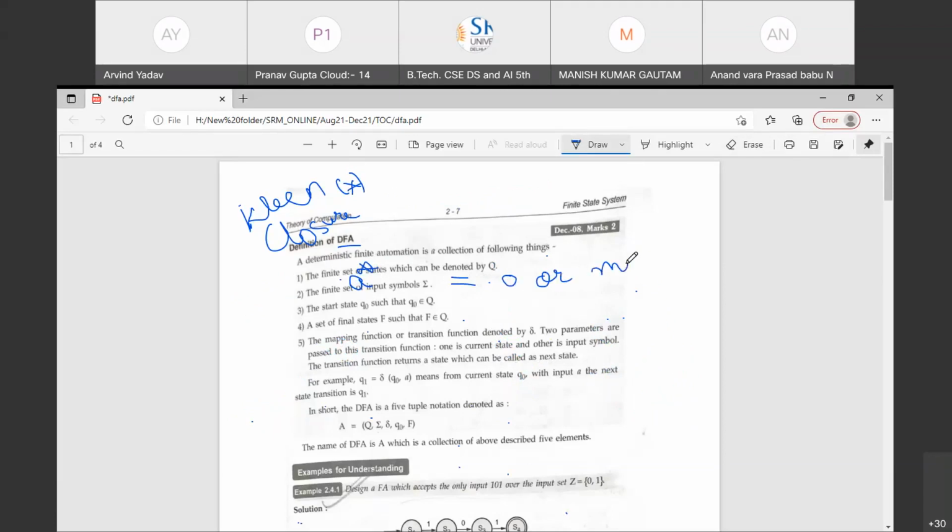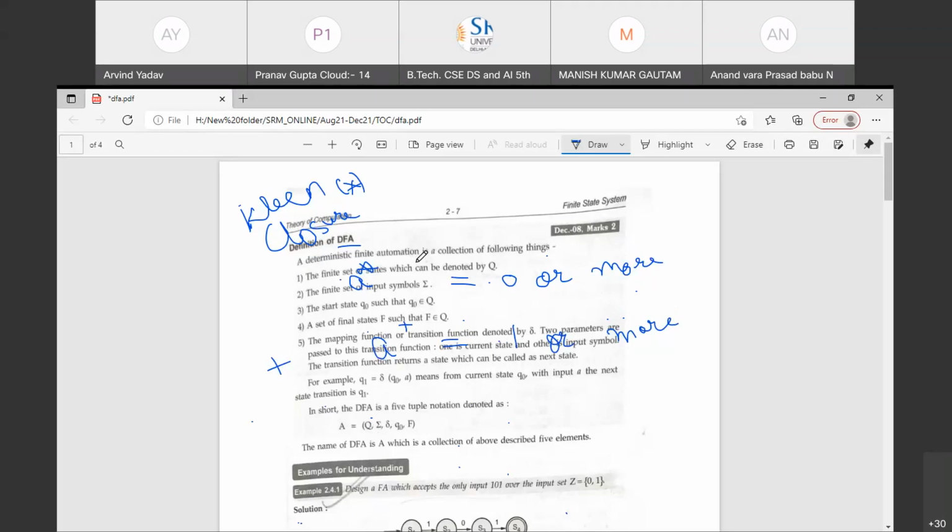But if I say A plus, that is positive closure. Positive closure is represented by the symbol plus, and it means one or more occurrences. What is the difference between A star and A plus?